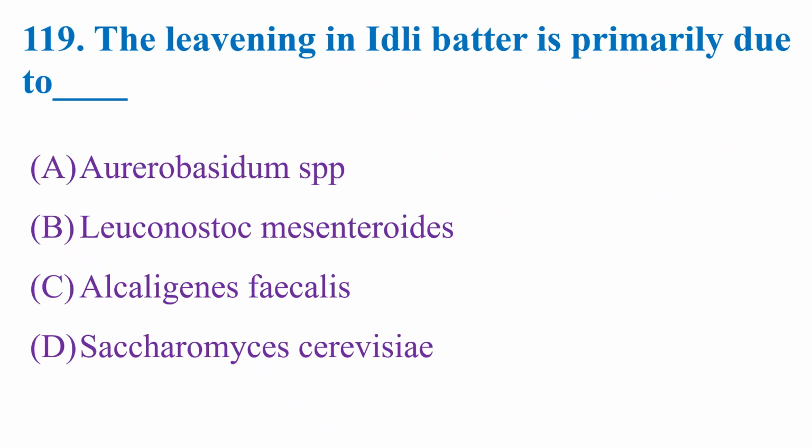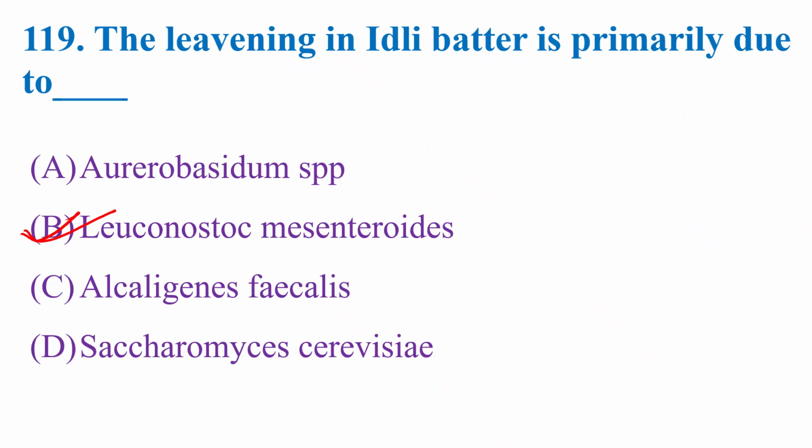Question 119. The leavening in idli batter is primarily due to. So the leavening or the fluffiness of the idli batter is mainly due to the gas production, that is carbon dioxide during the fermentation process. Now this is primarily carried out by the lactic acid bacteria, that is Leuconostoc mesenteroides, which produces carbon dioxide and lactic acid.